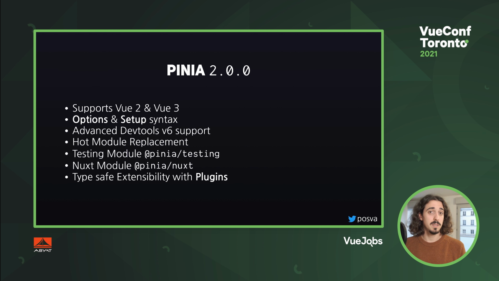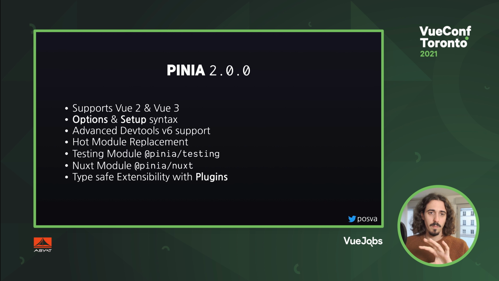It has a testing module with Pinia testing. It has a Nuxt module for Nuxt 2, Bridge, and 3 with Pinia Nuxt, and it has type-safe extensibility with plugins. By type-safe, I mean that you can actually really extract the name of the actions and reuse them in custom options. You can really go very far.